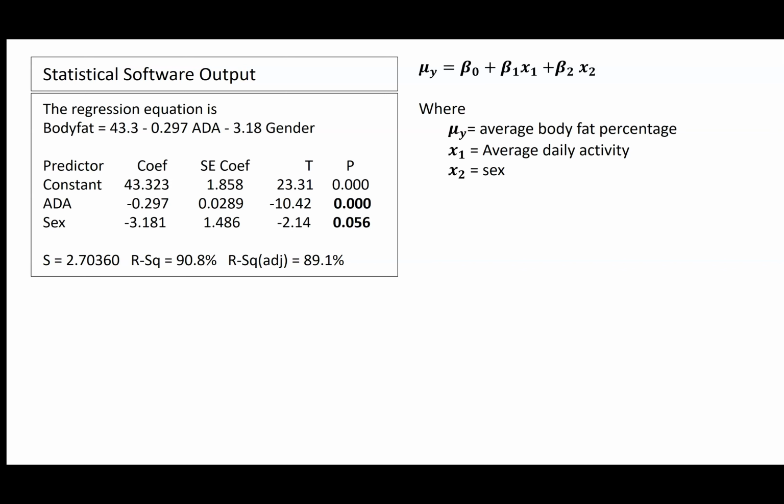So looking here, it's really important. This would be the population line that we want to estimate. We have average body fat percentage, X1 is average daily activity, and X2 is sex. You're more than welcome to write ADA instead of X1, and you can write sex here.